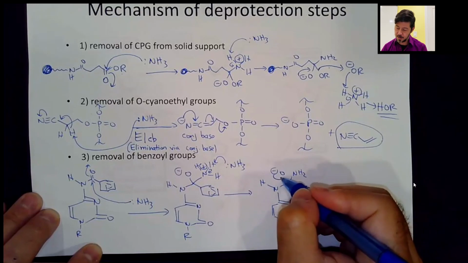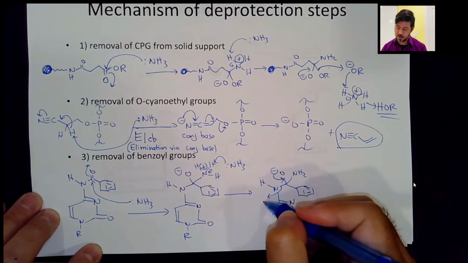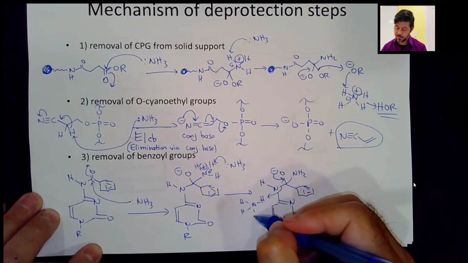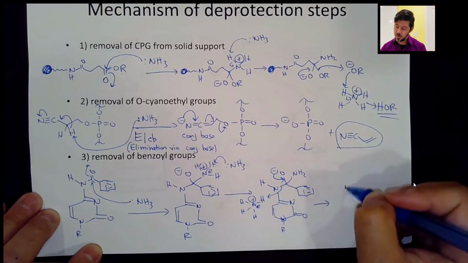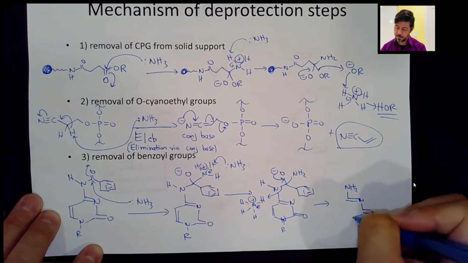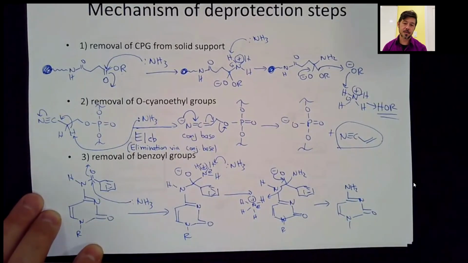Now this will come down, and then this can pick up a proton on the way out, most likely from the conjugate acid of ammonia. And then what you are left with is your deprotected exocyclic amine.